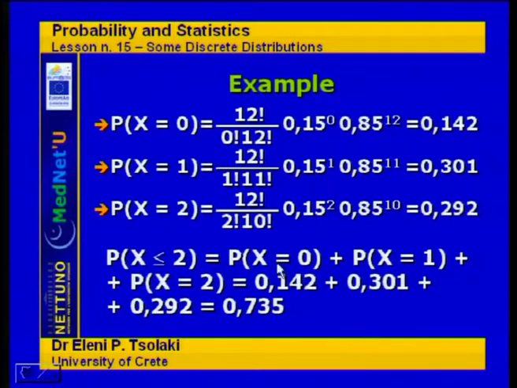It's the probability of observing 0 or 1 or 2 defectives. We add up these probabilities, and we have the answer to our question: what is the probability that there are at most 2 defectives? So the probability that there are at most 2 defectives is 0.735.